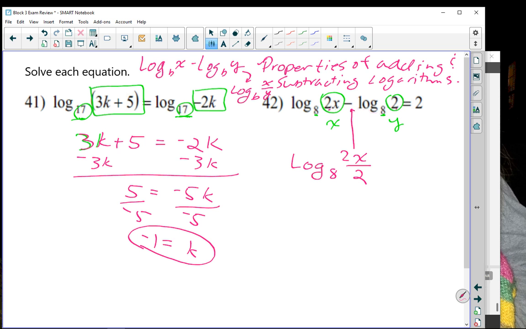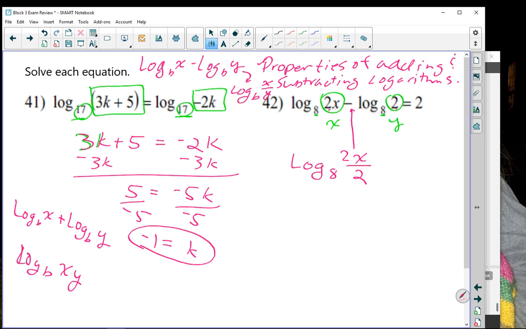And that's subtraction. If it's addition, what do you suppose you're going to do? You said divide, you would multiply. Okay, so you may want to write that down here. Log of b to the x plus log of b to the y, and I'm going to go log of b, x times y.